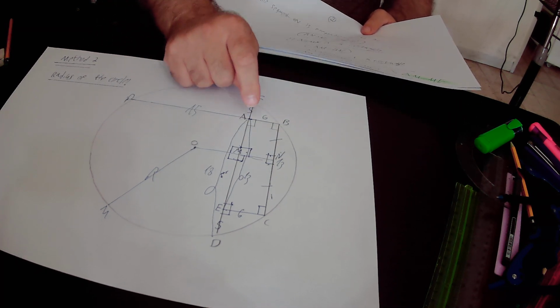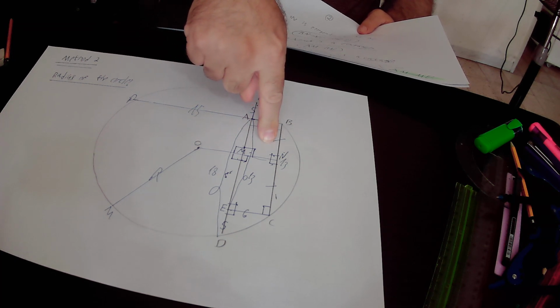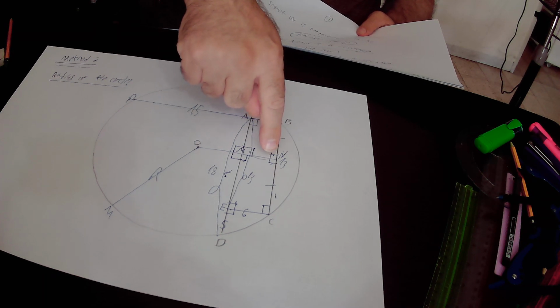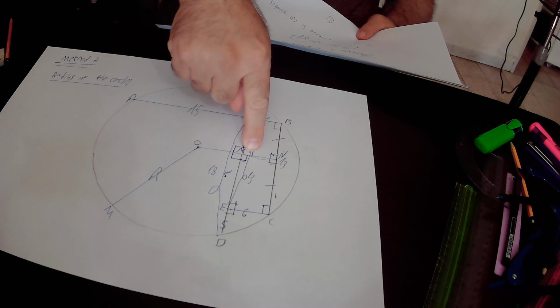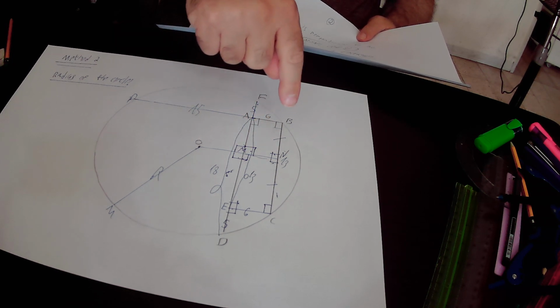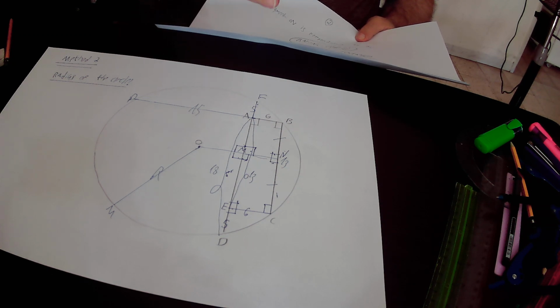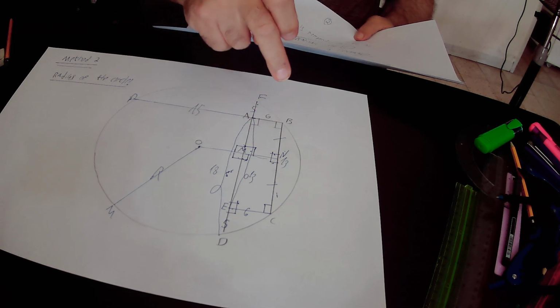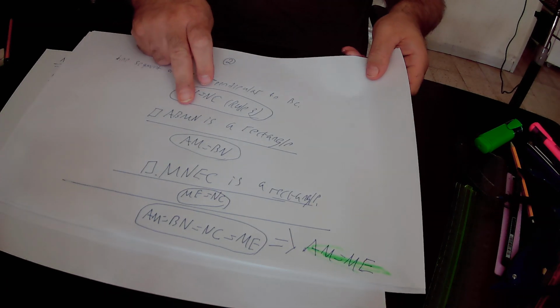So we'll focus on quadrilateral ABMN. In this quadrilateral we have 1, 2, 3 right angles, therefore the fourth angle must also equal 90 degrees. And because quadrilateral ABMN has 4 right angles, it must be at least a rectangle if not a square, so we relate to quadrilateral ABMN as a rectangle.